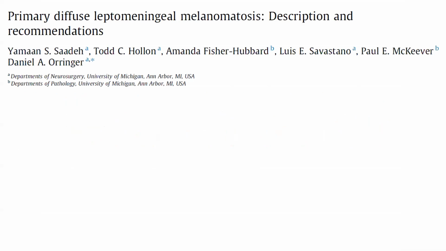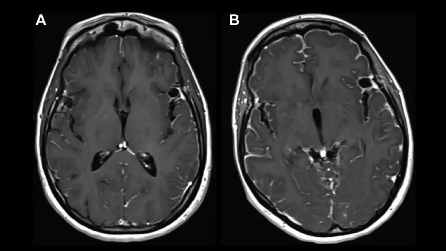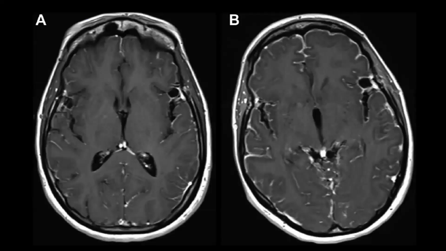Primary diffuse leptomeningeal melanomatosis, description and recommendations. Primary diffuse leptomeningeal melanomatosis. I'm reiterating so that everyone takes this home, so you own it. All right, this paper, here's the illustration, identical to our case.